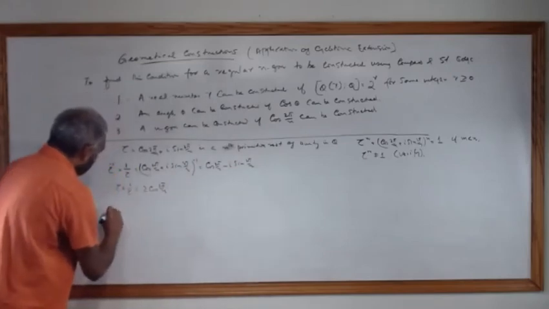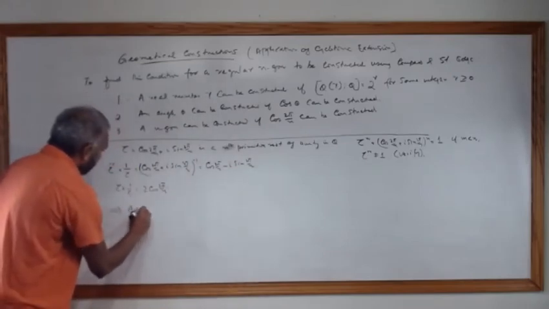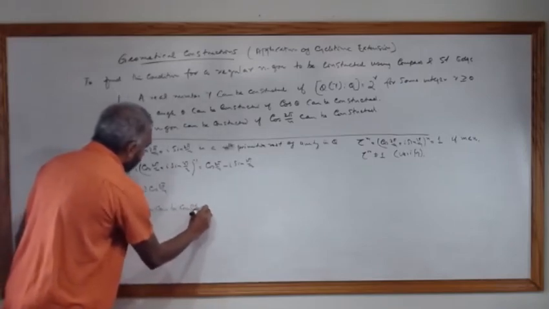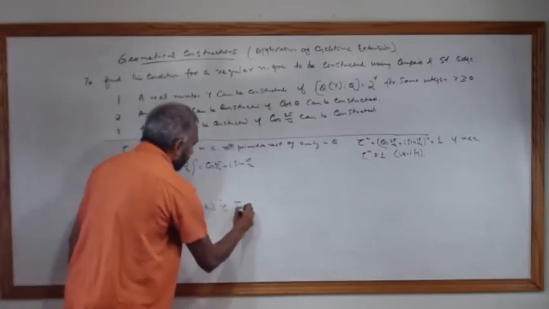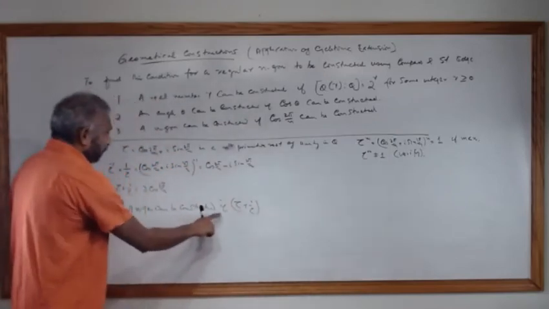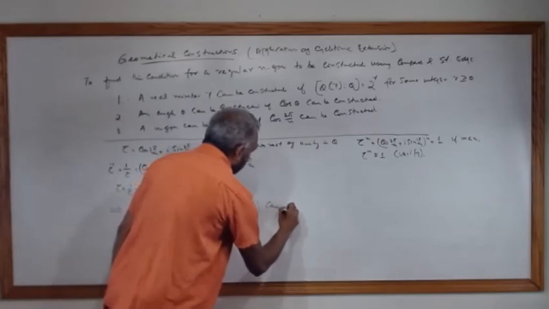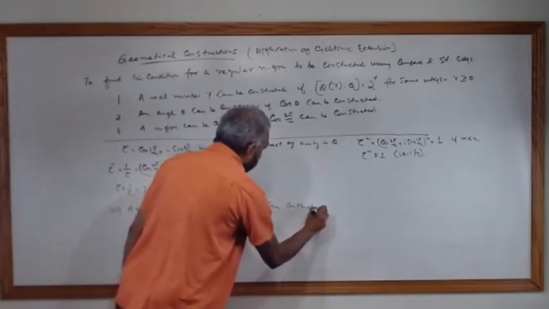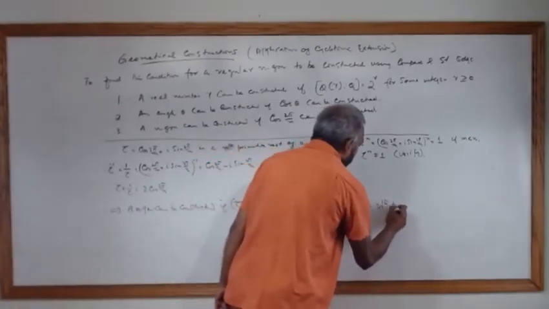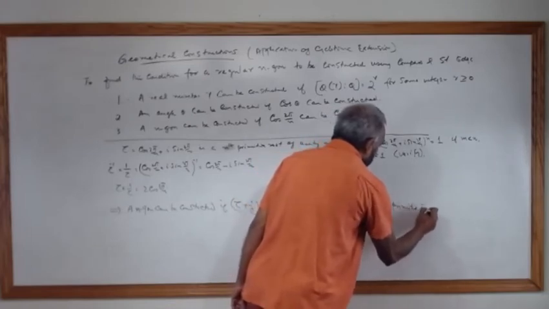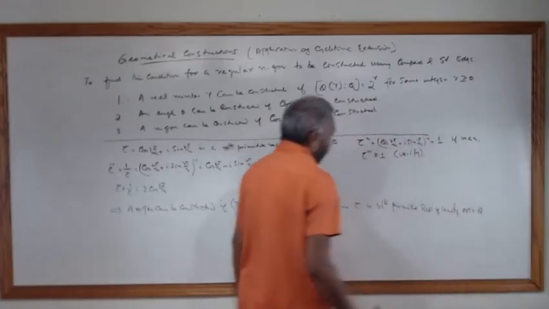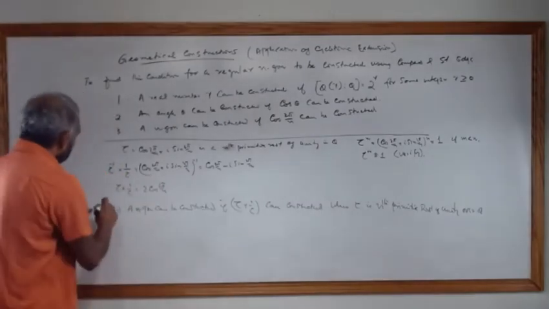So that implies an n-gon can be constructed if zeta plus 1 by zeta can be constructed, where zeta is an nth primitive root of unity over Q. So this is the fourth result.